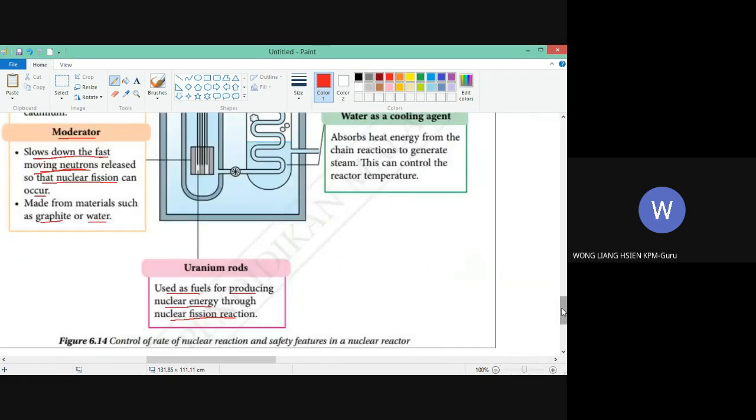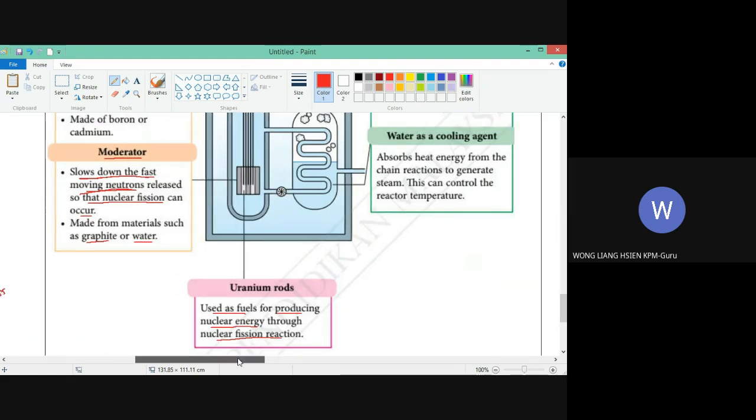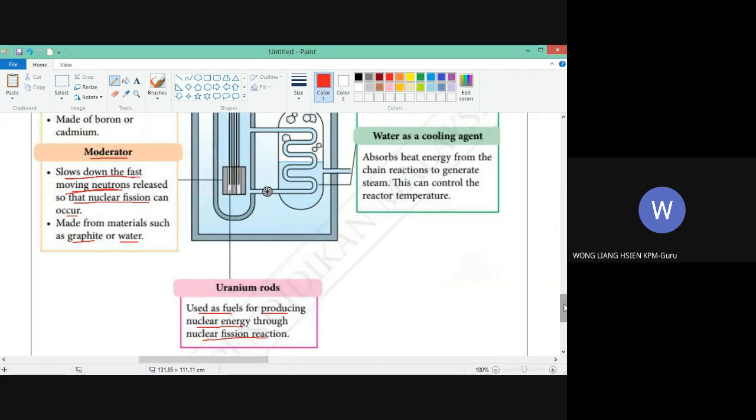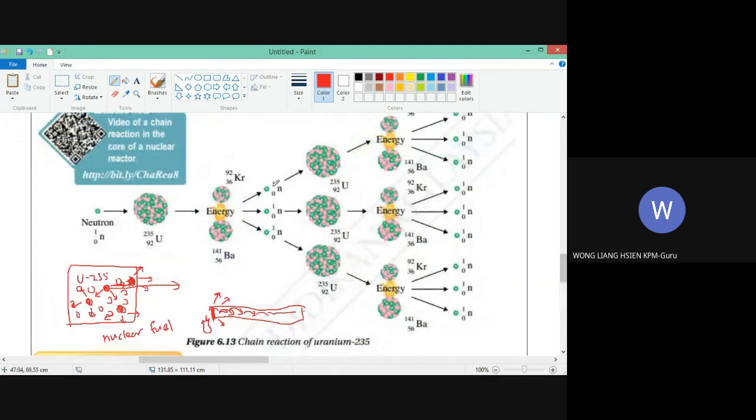Because you see, this neutron that flies out has a lot of energy. That means it is moving with very high velocity. The velocity is actually too high, that means it's moving too fast, understand? If it's moving too fast, it will be very difficult for it to be absorbed by uranium-235.